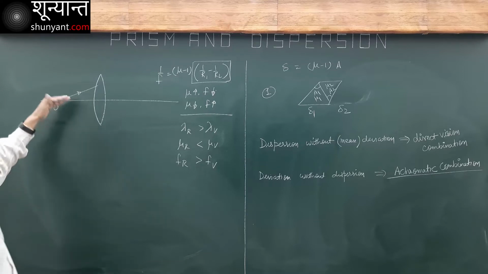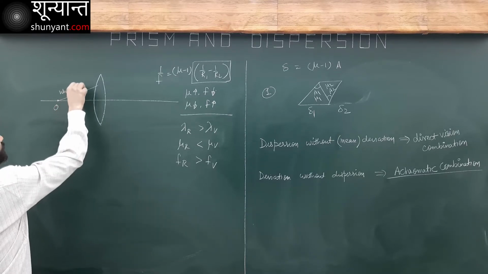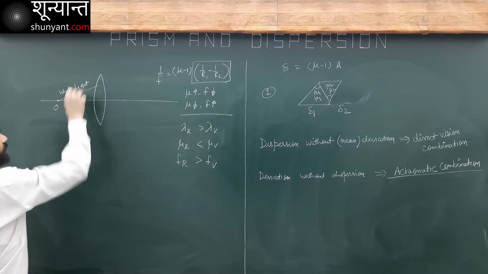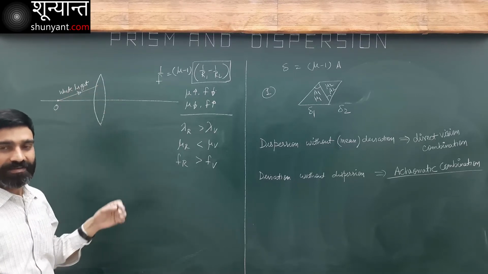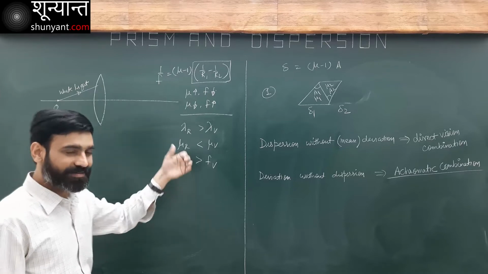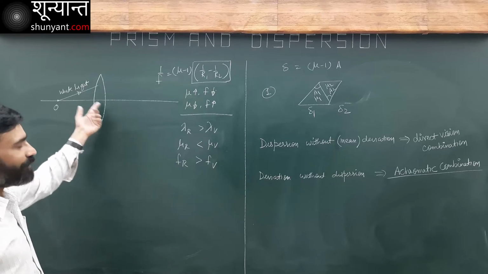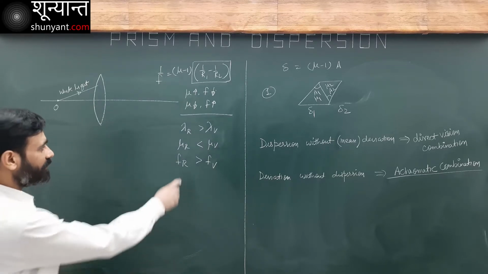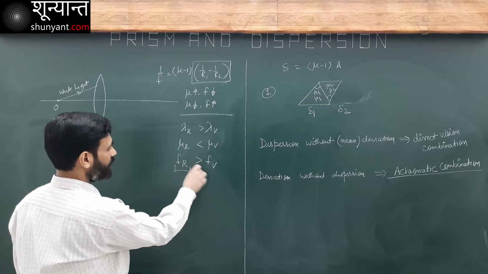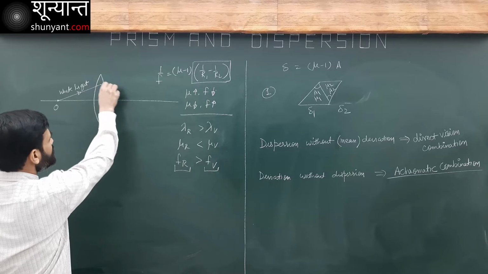That means the moment this white light comes in, it breaks into 7 components, and all the components will focus at different points. The focal length of the lens is going to be different for different colors. It will be highest for red and lowest for violet. They are going to focus like this.